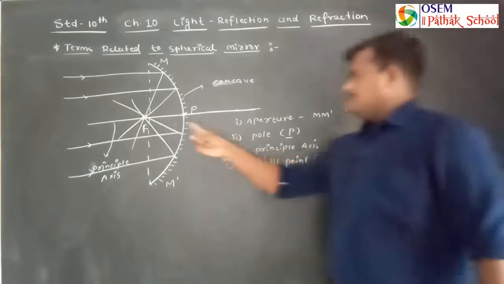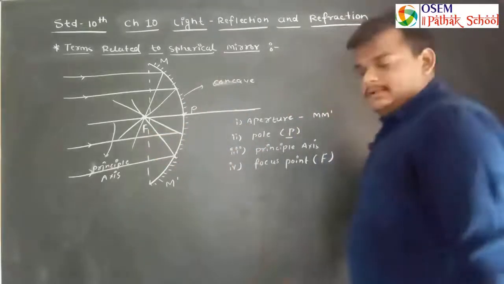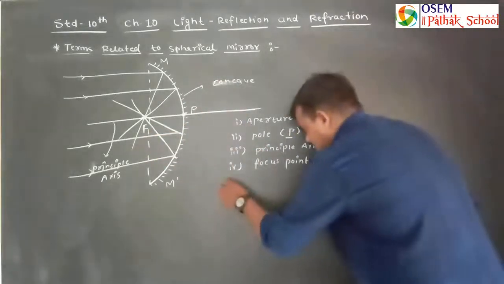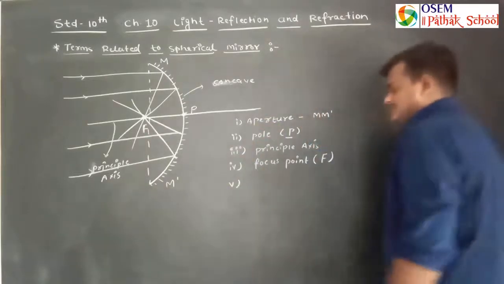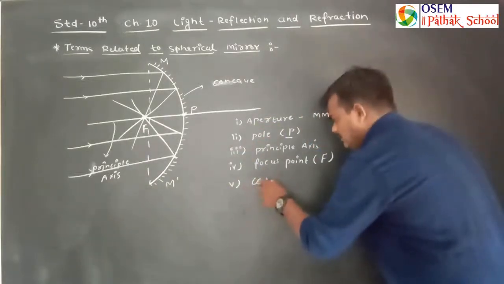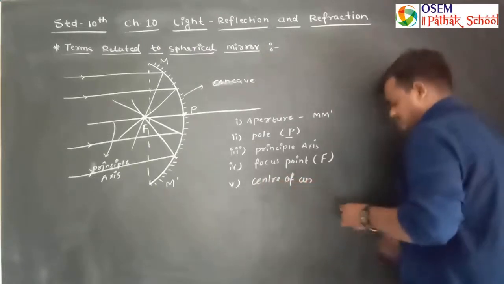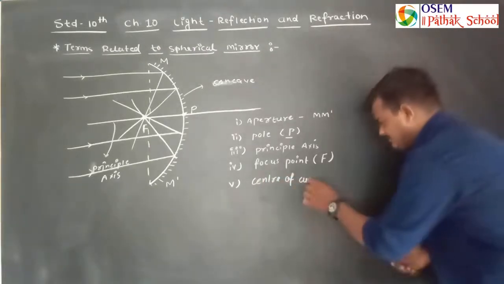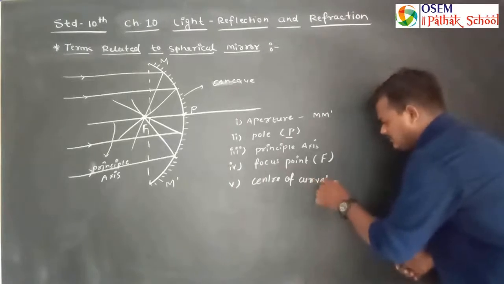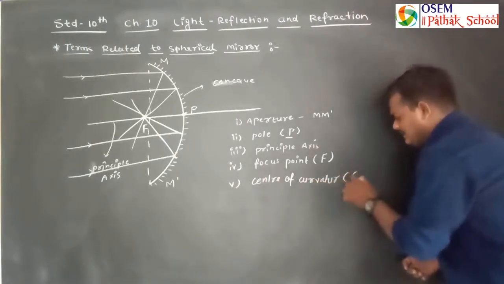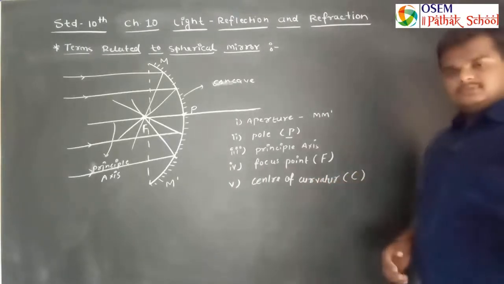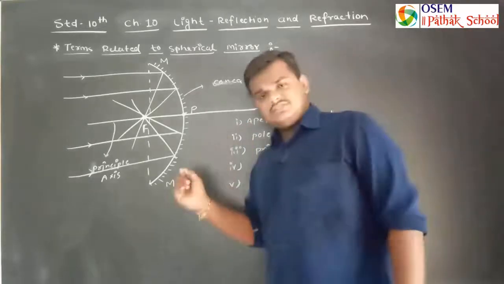Now the fifth definition is center of curvature, denoted by capital C. So what is the center of curvature?